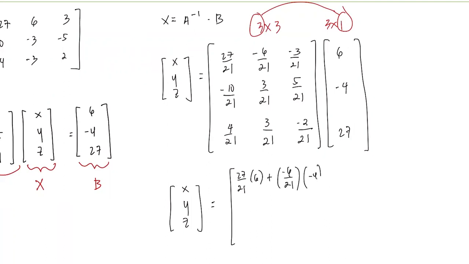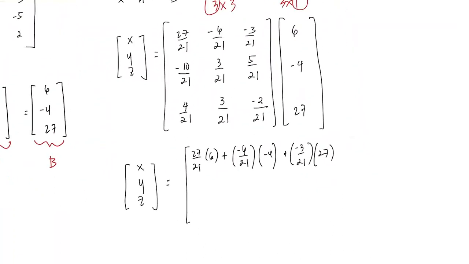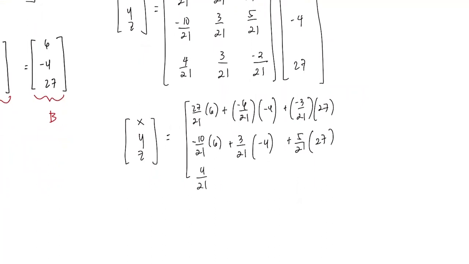Multiplication tayo, no? So, balikan nyo lang yung multiplication natin. Kung nagtataka kung saan kinukumpute to. Okay. Next, negative 10 over 21 times 6 plus 3 over 21 times negative 4 plus 5 over 21 times 27. Thus, we have 4 over 21 times 6 plus 3 over 21 times negative 4 plus negative 2 over 21 times 27.